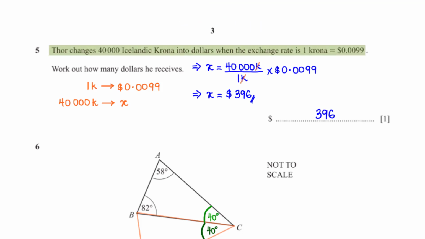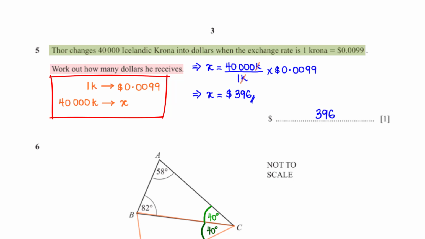Thor changes 40,000 Icelandic krona into dollars when the exchange rate is 1 krona equals $0.0099. Work out how many dollars he receives. First, let's set up our exchange ratio. If 1 krona equals $0.0099, then how much will 40,000 krona be in dollars?